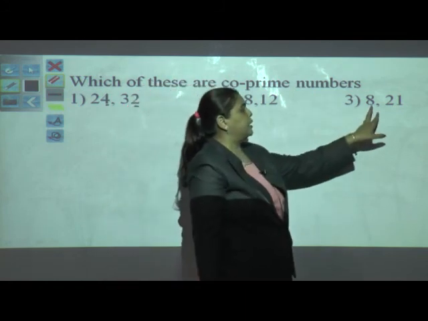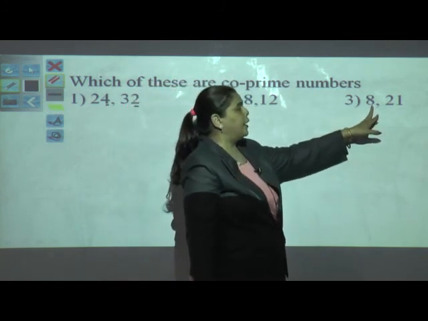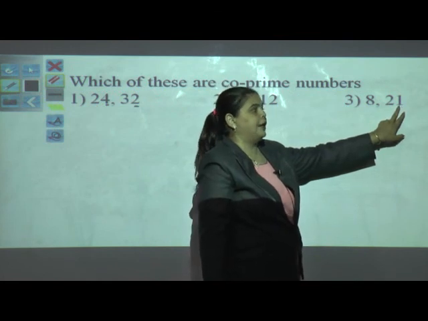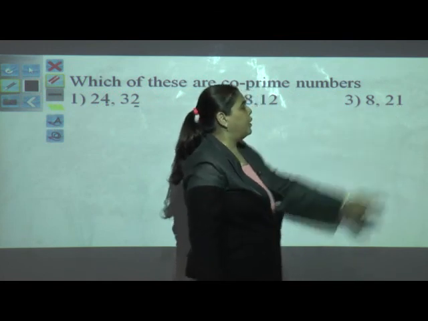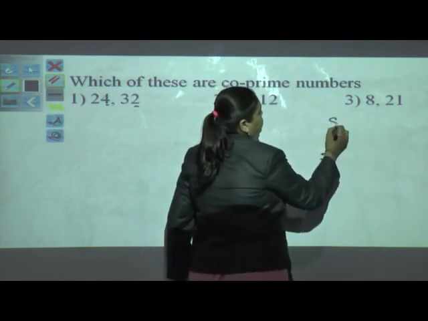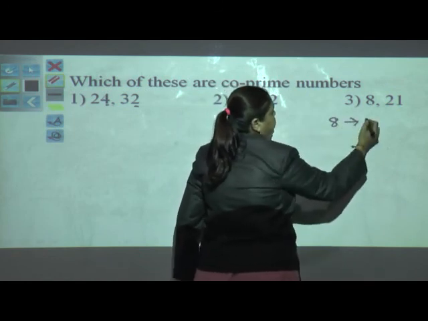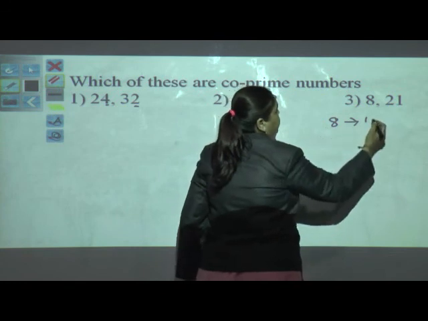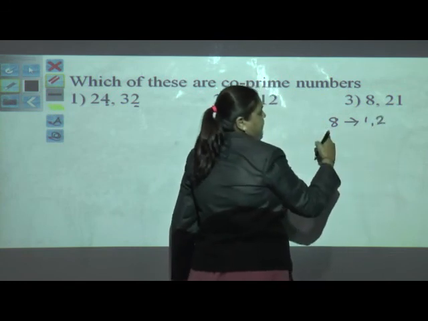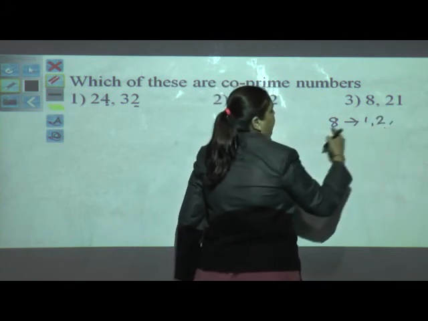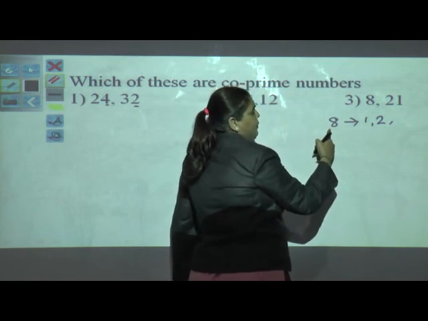Now we will see here: 8 is an even number but 21 is not even, it's odd. So we will try to find the factors of 8. What are the factors of 8? 1. It can be divisible by 2 because it's an even number. Then can you get 8 in the 3 table?